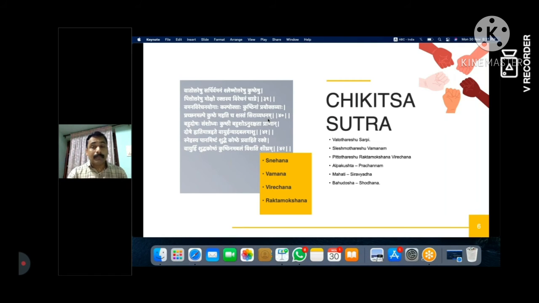But at the same time, because of the involvement of Kleda, Vasti has a lesser role in Kushta. In Kleda Pradhana conditions, Vasti generally has less importance, because Niruha Vasti or Anuvasana Vasti generally increases the Kleda in the body.